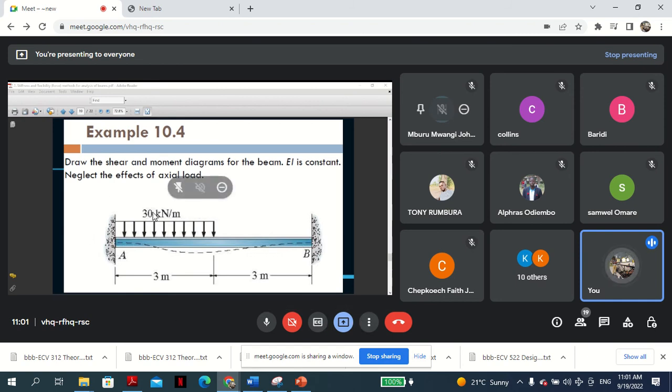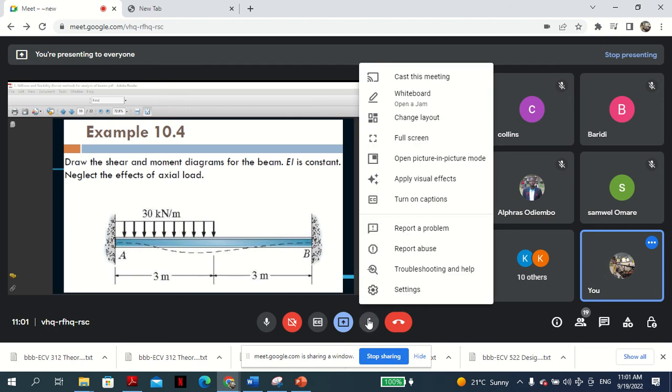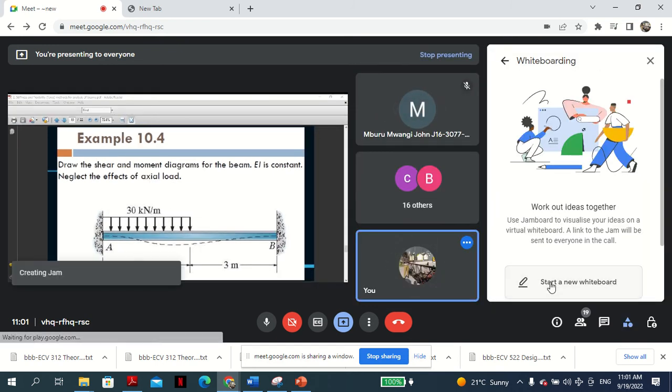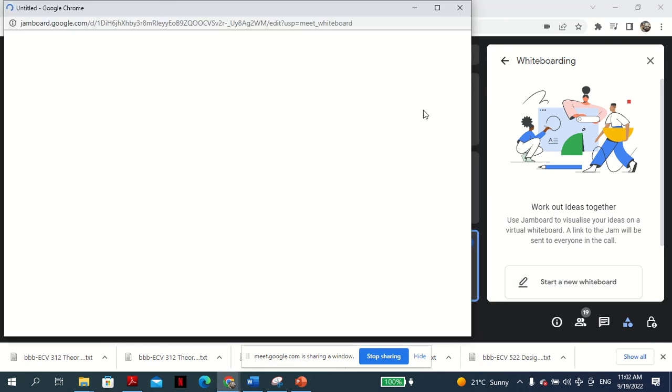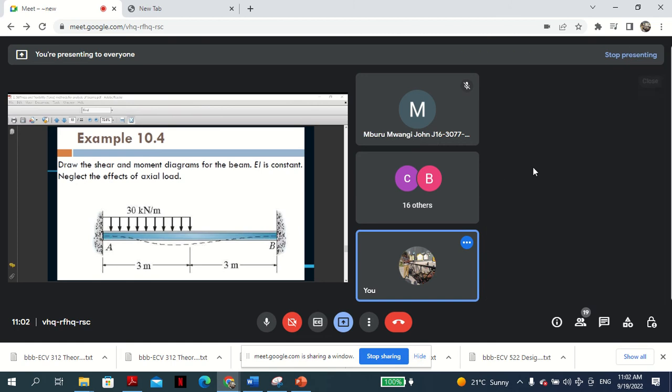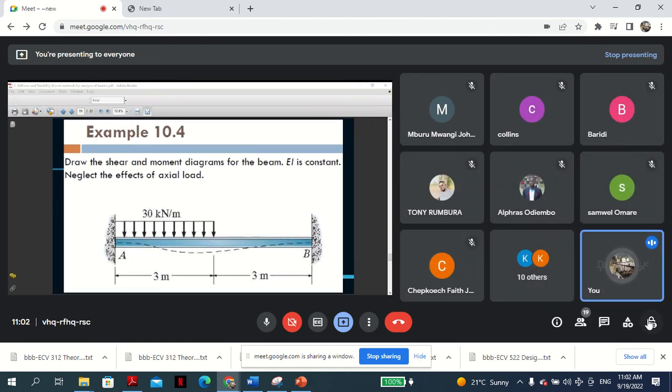Now this is going to be very difficult without a way to write. There are usually some tools to write.